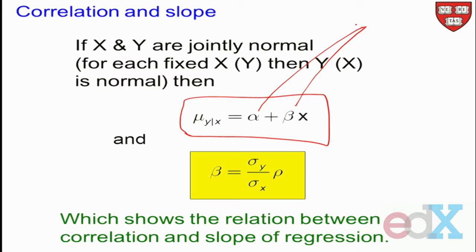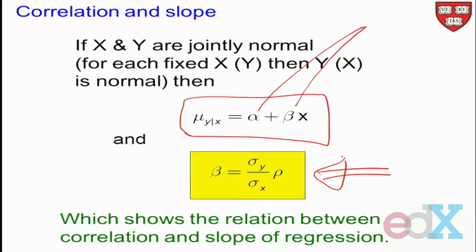Then here is the relationship between the slope and the correlation coefficient. In fact, if the standard deviation of the y's is equal to 1 and the standard deviation of the x's is equal to 1, so if we're dealing with standardized variates, then this cancels out and we're left with the slope beta equal to rho. The correlation coefficient is the slope of the regression line if we're looking at the standardized variates.